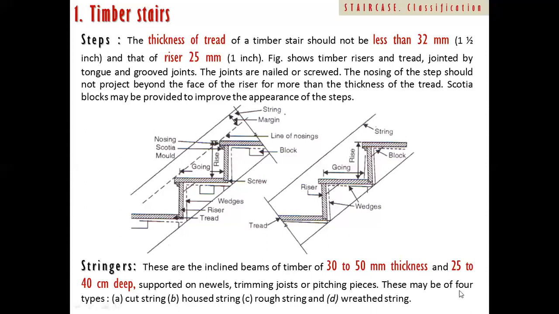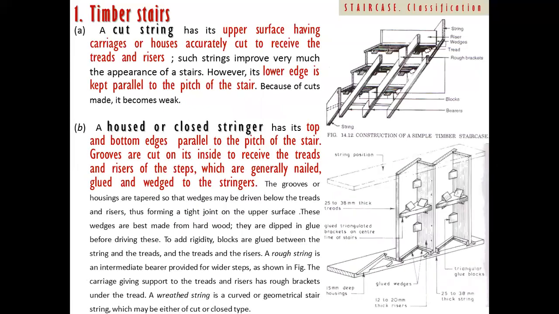Now these may be of four types: cut string, housed string, rough string, and the wheel string. Now let's say the cut string. It has its upper surface cut to a carriage or a house, accurately cut to receive the treads and risers.